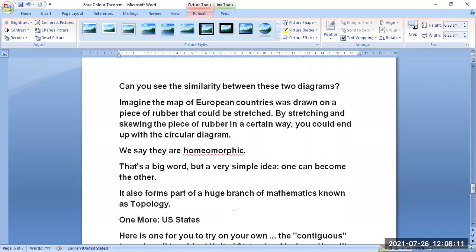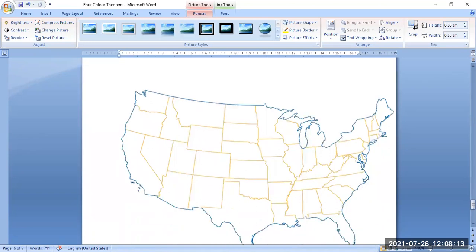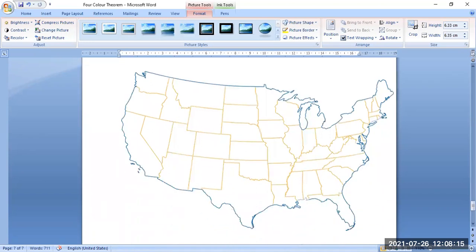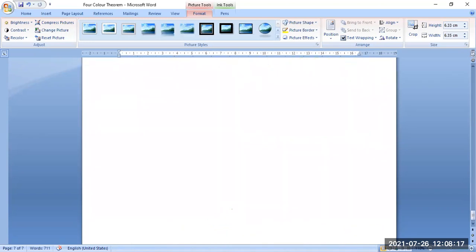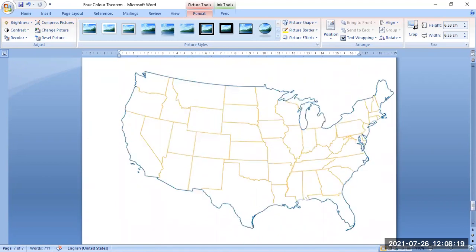Similarity between these two diagrams. Here the map is given. So can you color this map using the four-color theorem? If you can, please, it is shared to you. You can make the color, any of you.